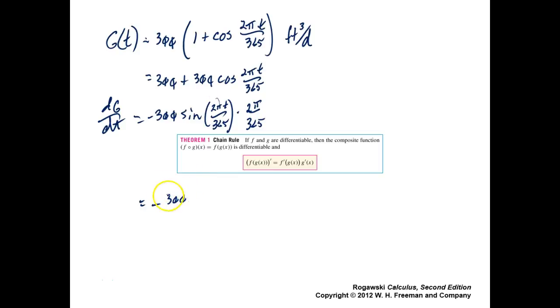The 2 is going to make it 600 pi over 365. Combining this with that, minus 600 pi over 365, all times the sine of 2 pi t over 365.